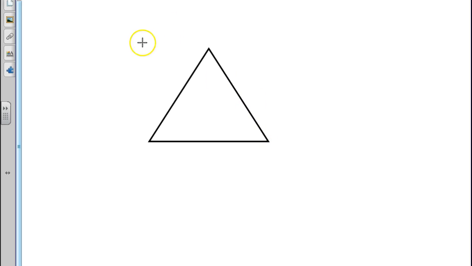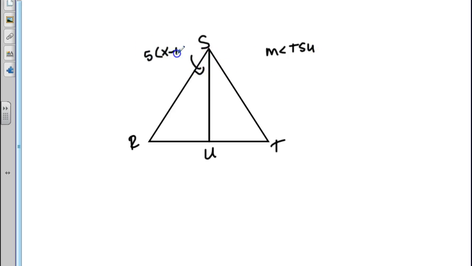Let's say that I have this triangle and I have a bisector, and this is R, S, T, and U, and SU bisects angle RST. So it is an angle bisector. I want to find the measure of angle TSU, and I'm going to give you some information. This angle is 5 times (x minus 1), and this angle is 4x plus 1.